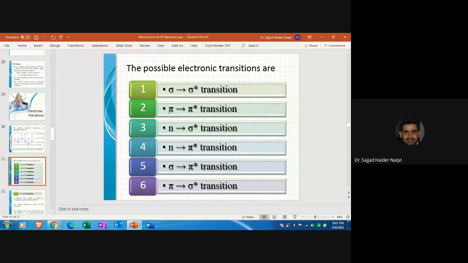The next one is from pi to pi star, then non-bonding to sigma star, then non-bonding to pi star, then sigma to pi star, and then pi to sigma star. So these are 6 possible electronic transitions that could occur as a result of absorption of energy by the electrons.